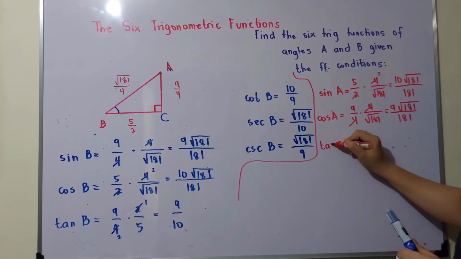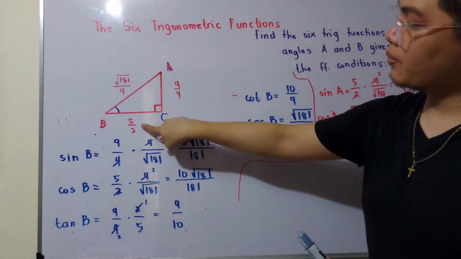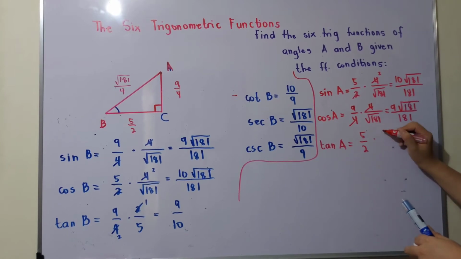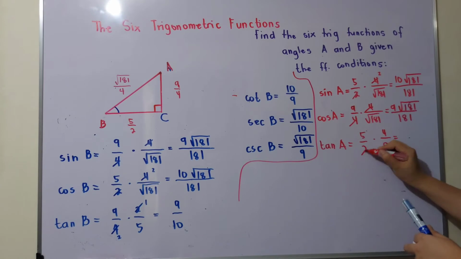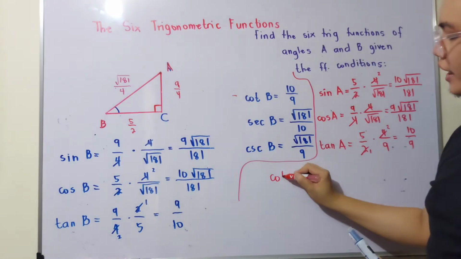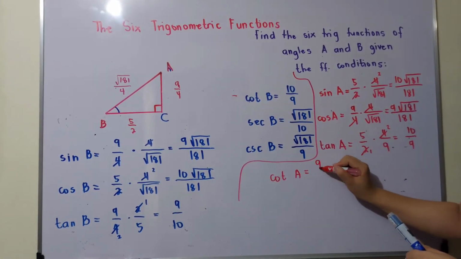Tangent A. For the tangent A, that's opposite over adjacent. 5/2 times 4/9. This will become 10/9. And then for the cotangent A, reciprocal nito, 9/10.